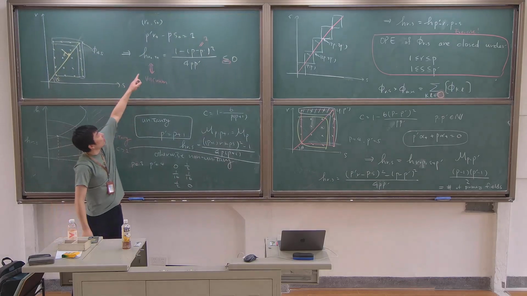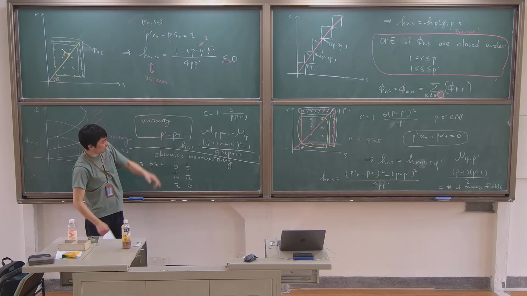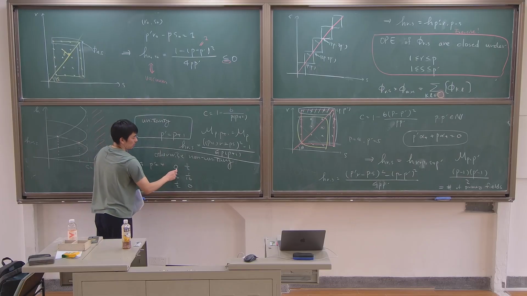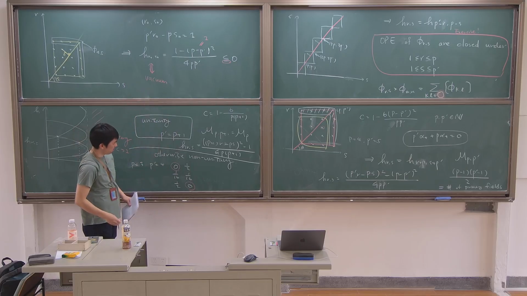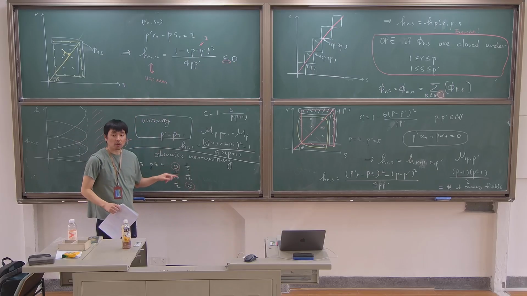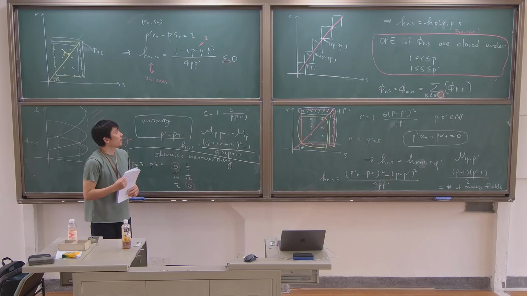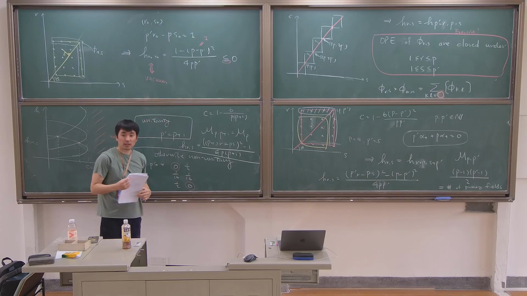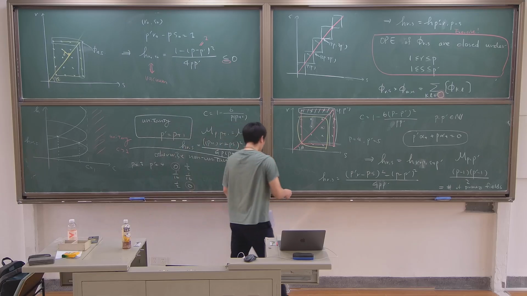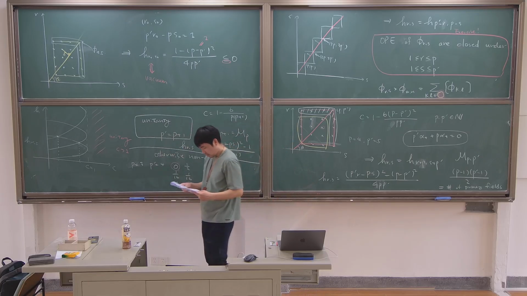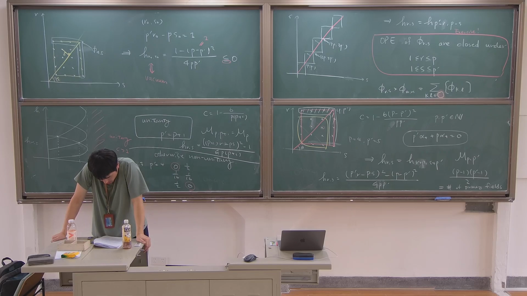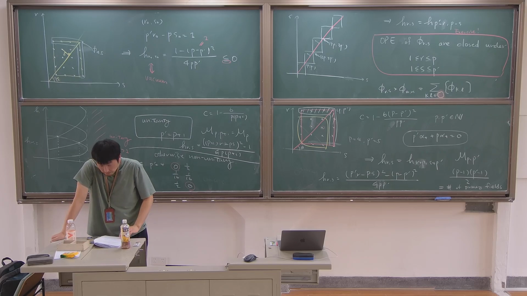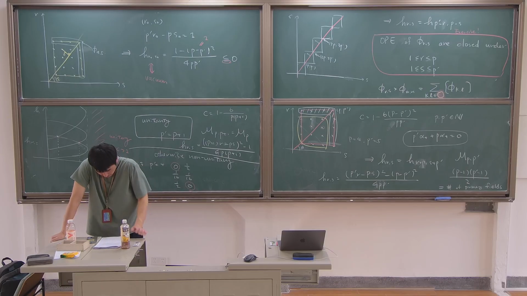So this 0 is exactly R0 being 0. So this place is exactly the place that satisfies this condition, and this 0 corresponds to the vacuum. Okay? And otherwise, you have a negative. Any question at this moment? Fine.